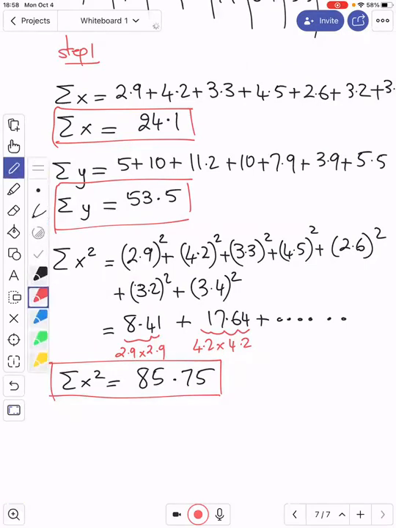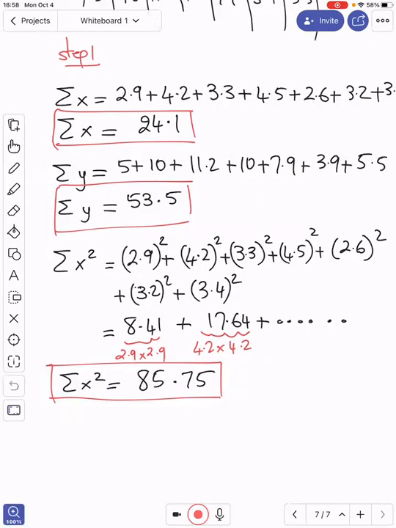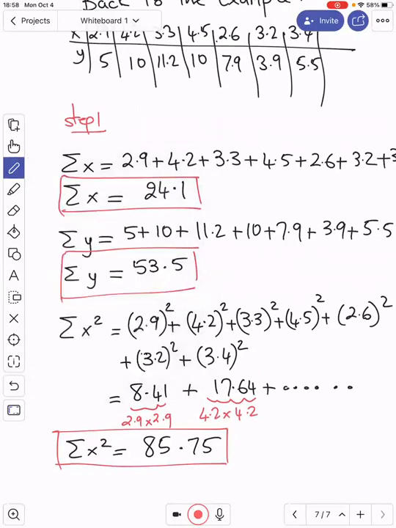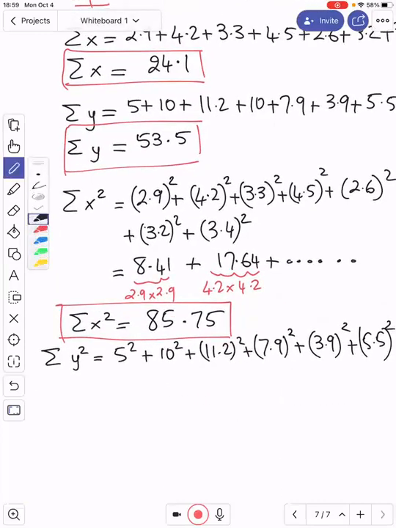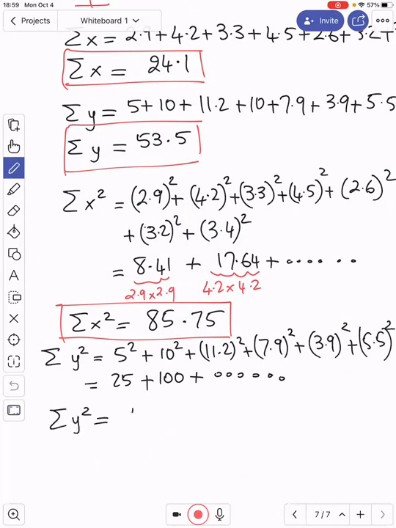So the sum of the y squared will be 5 squared plus 10 squared plus 11.2 squared, 7.9 squared plus 3.9 squared plus 5.5 squared. 5 squared is 25, 10 times 10 is 100, etc. The total, if I'm not mistaken, is 458.31.